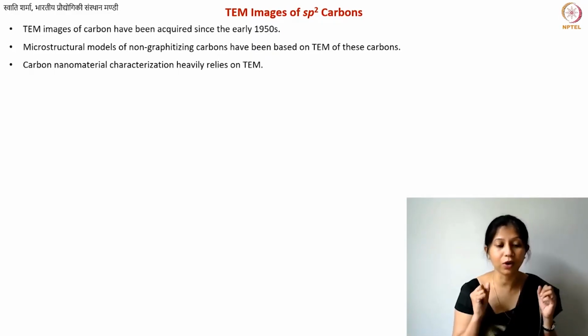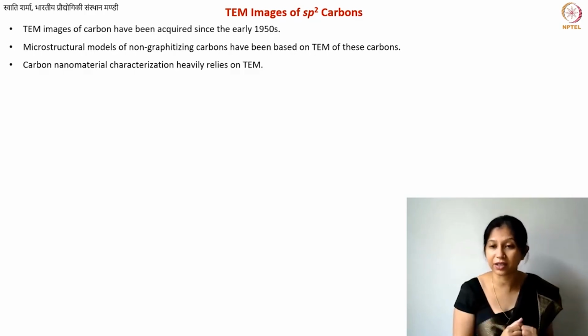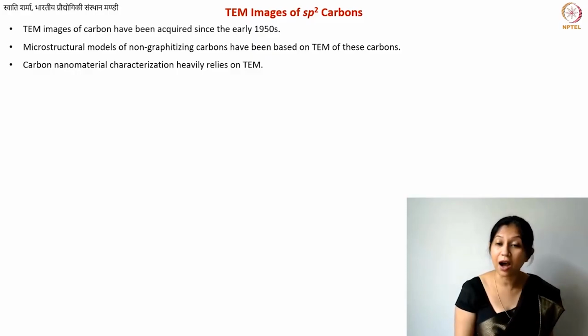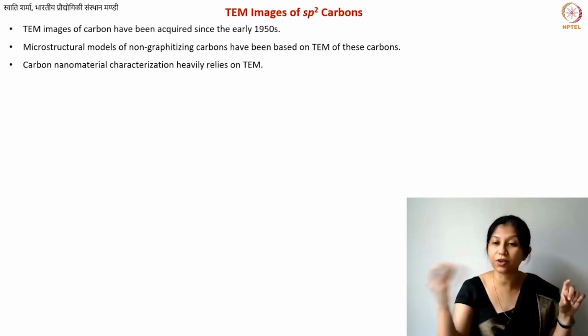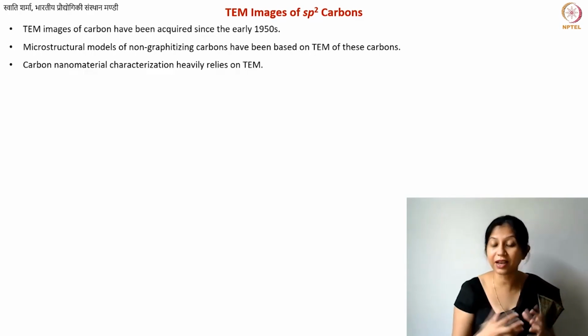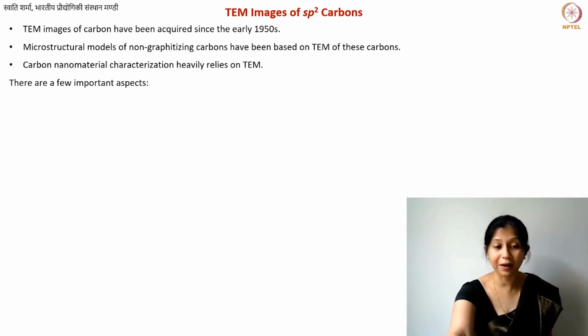We know the structure of fullerenes also because of the other characterization information that we have about the material. However, to visualize them, this is a very interesting tool. When I say fancy carbon materials, you have carbon nanotubes with fullerenes filled inside them. For these kinds of structures, TEM is a very good tool to see them and then correlate the rest of the data. So carbon nanomaterials definitely rely heavily on transmission electron microscopy.